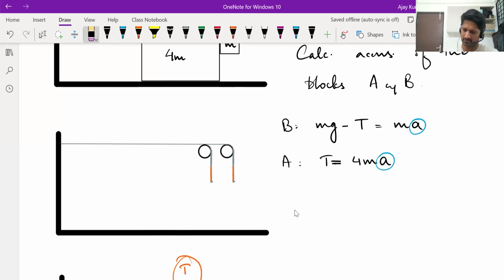In fact, let's not see the block also. Okay. Now, the big block, let's say, moves to the left by some distance x.